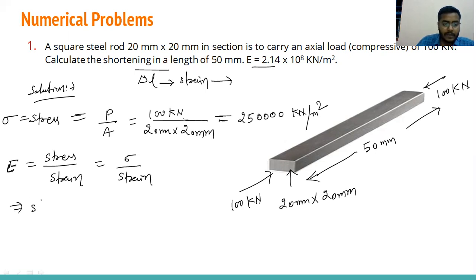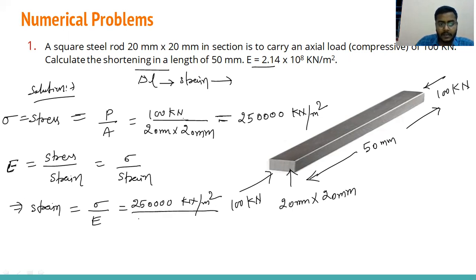From this formula we can calculate strain, which is sigma divided by E. Sigma we have calculated, 2540 kilonewton per meter square, divided by E. E is given, 2.14 10 to the power 8 kilonewton per meter square. By solving, you will get the value of strain.